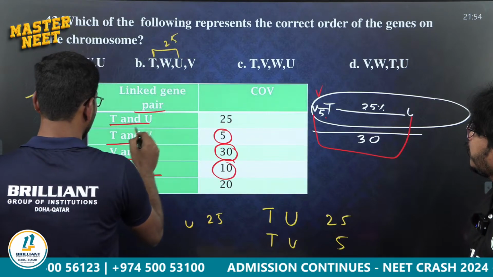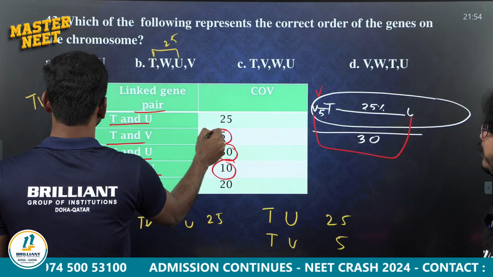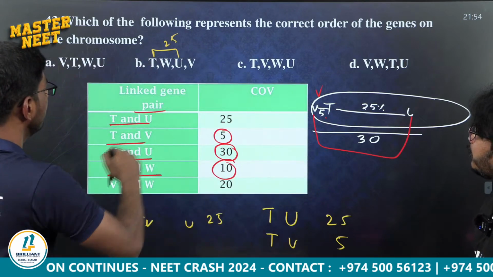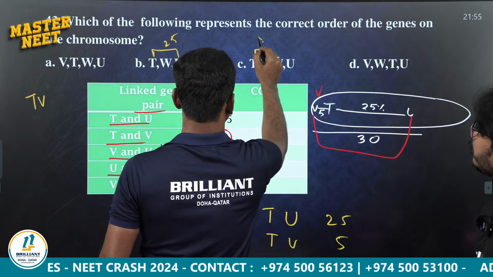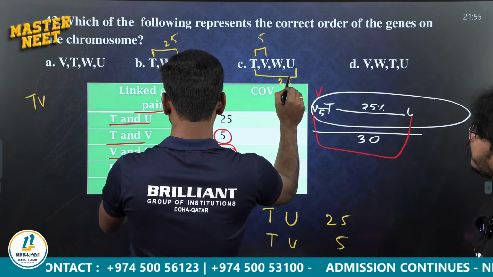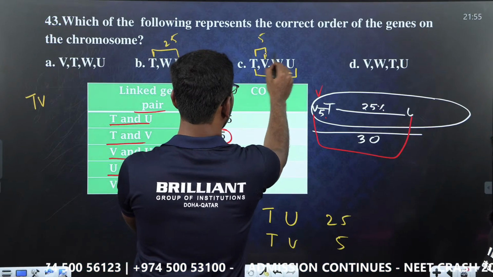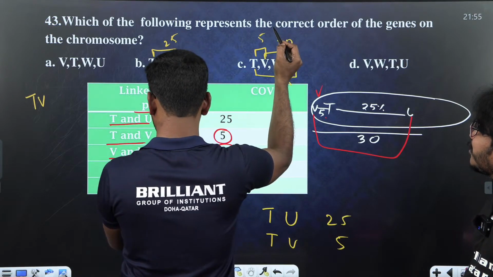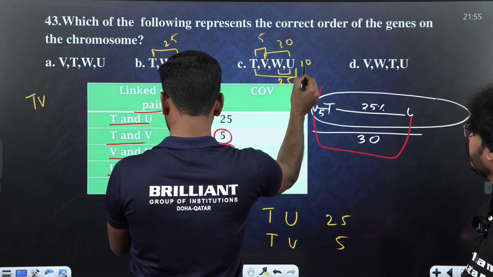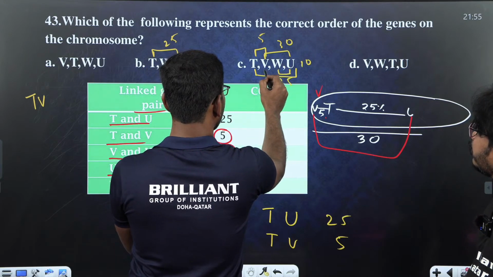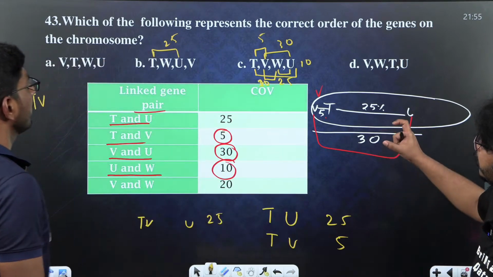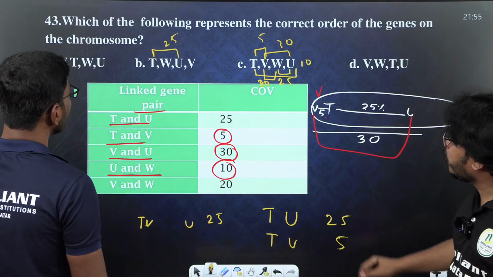TU is 25. Then next, TV is 5, TU is 25, VU is 30, UW is 10, and VW is 20. This one is matching. Yes, correct. So we go with option C.